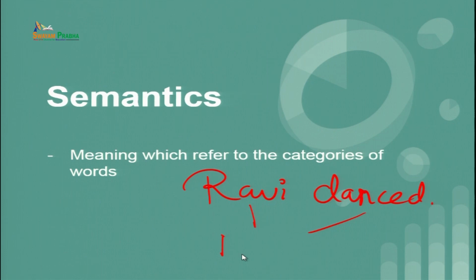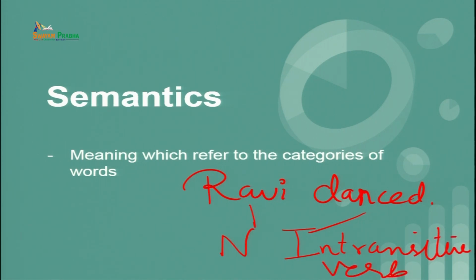So, here I would say that Ravi is a noun, and danced is an intransitive verb. And after combining the noun and the intransitive verb, you get the meaning of it, and therefore you form a mental representation of Ravi who danced. Therefore, you refer to the concept of semantics.